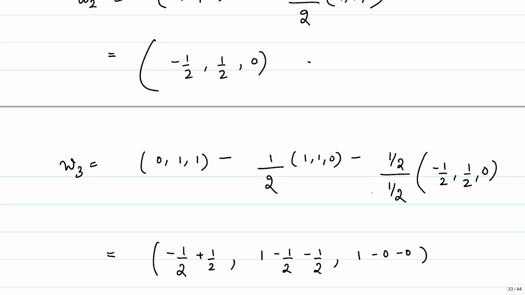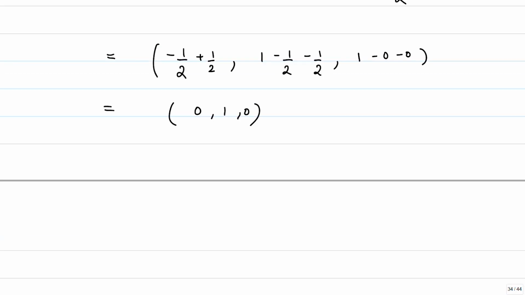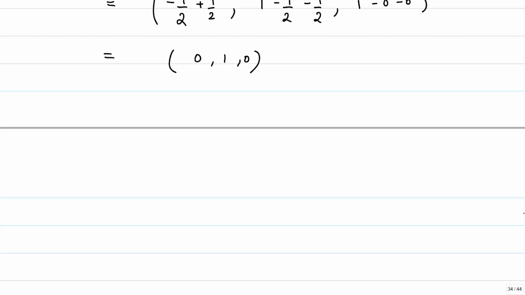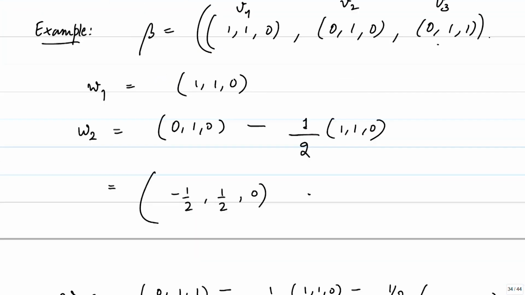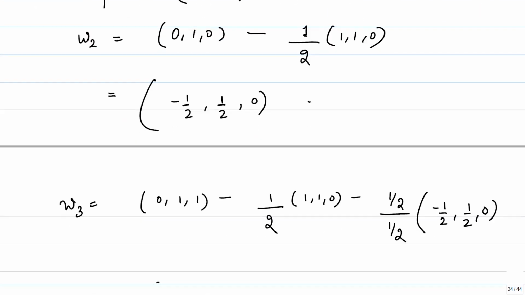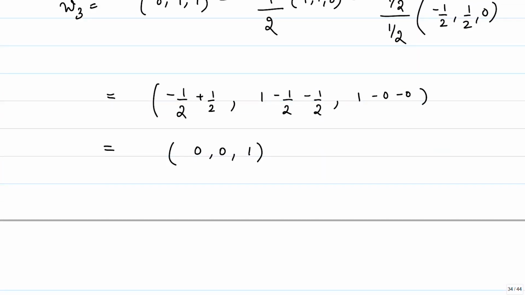So minus half plus half, this is 0. 1 minus half minus half, that is 0. So everything is right except that this should be 0 0 1. Okay, let's see now if it is right. Yes, it is orthogonal. So it was just the last step which went wrong probably. I think everything else is right.